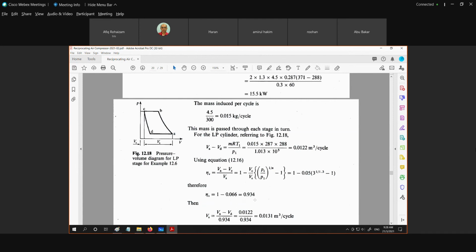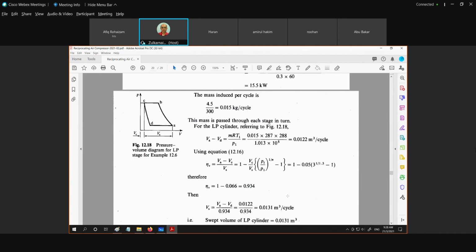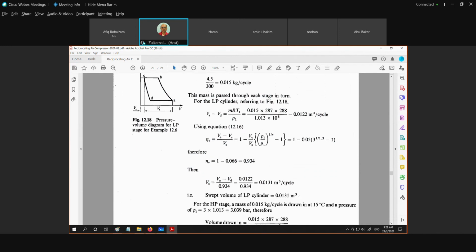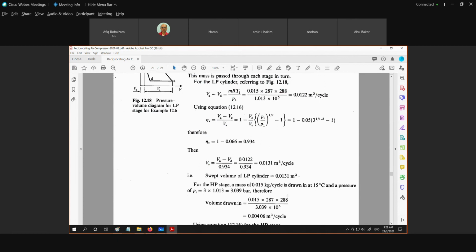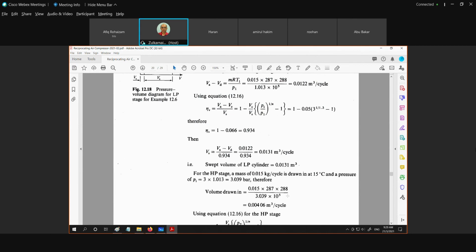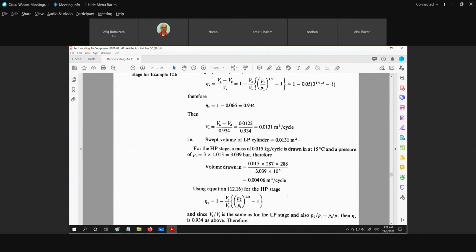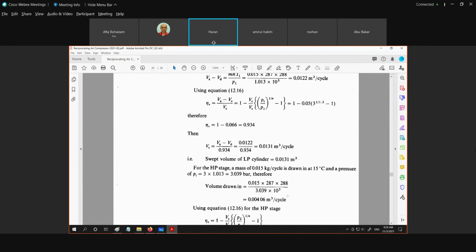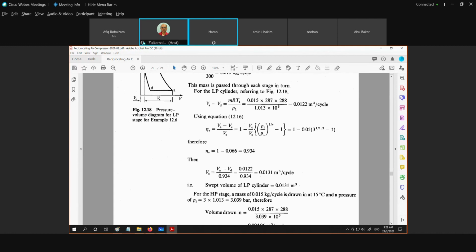Ya betul. Do we get the same value guys? Sama tak? Maksud yang VA minus V tu, saya dapat 0.9336. Salah yang kita buat tadi ya.